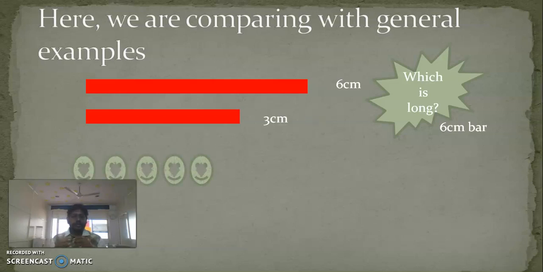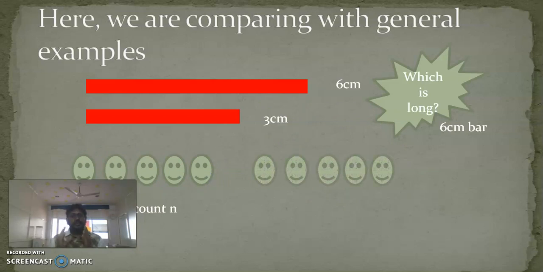Next, coming to another example, having some smiley faces. Now count and write: 1, 2, 3, 4, 5. How many faces are there? 5 faces are there. Next, we go for another example of the same smiley faces: 1, 2, 3, 4, 5, 6, 7.